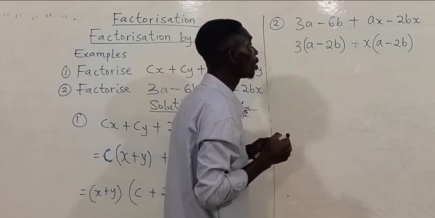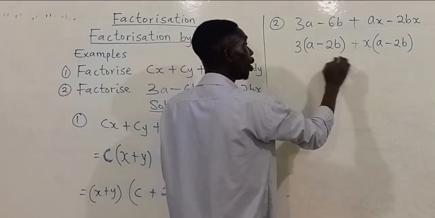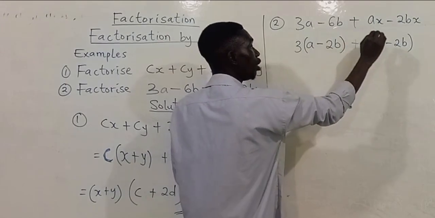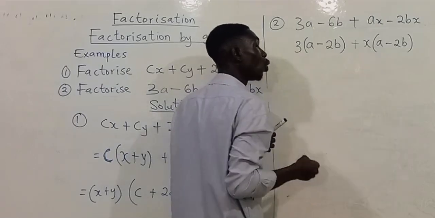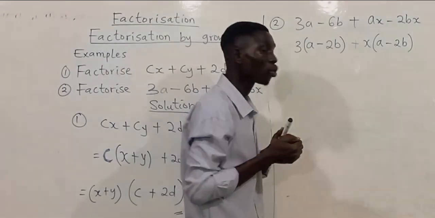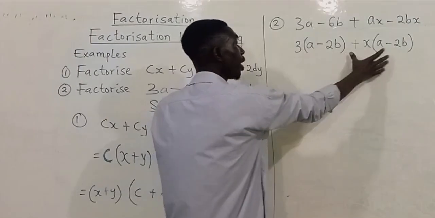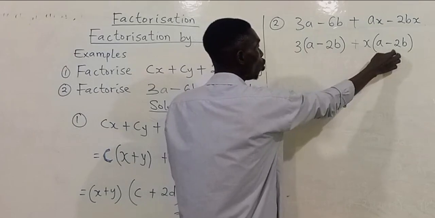At this point, remember I told you, what you obtain in the first bracket is also what you obtain in the second bracket. If not so, your work won't be correct. So we take out what is common here, which is obviously a minus 2b.